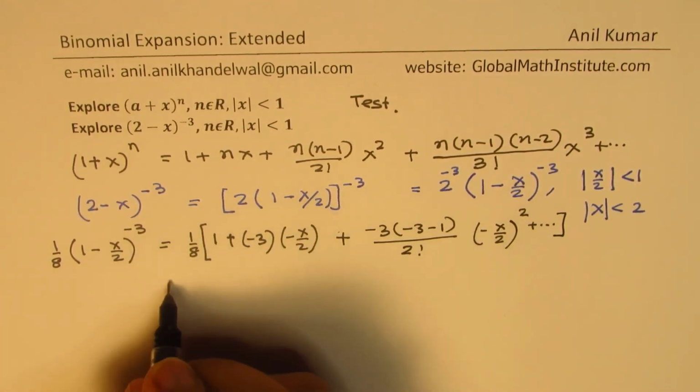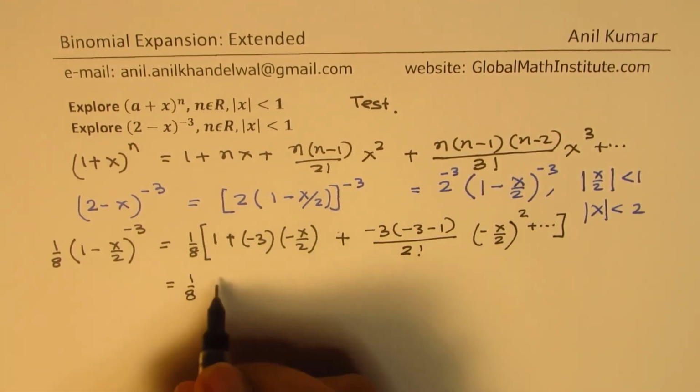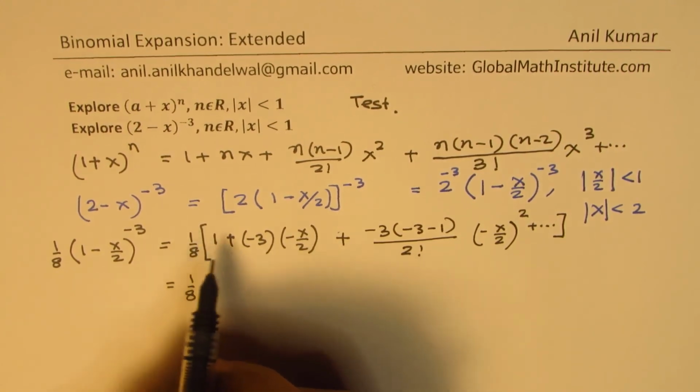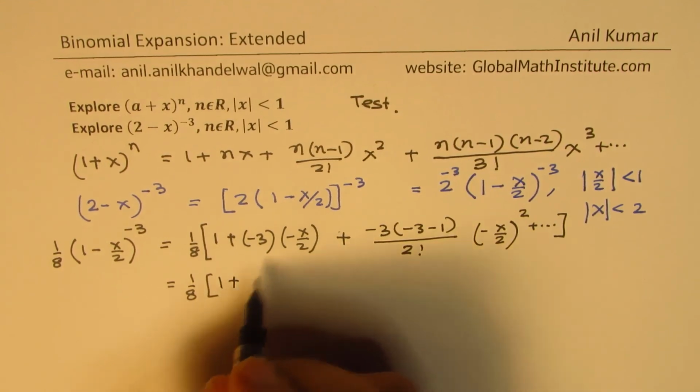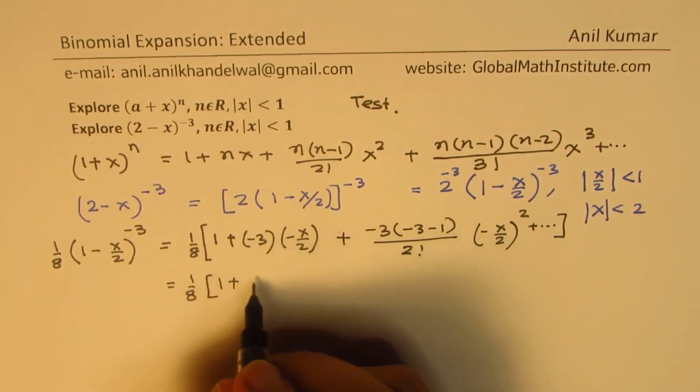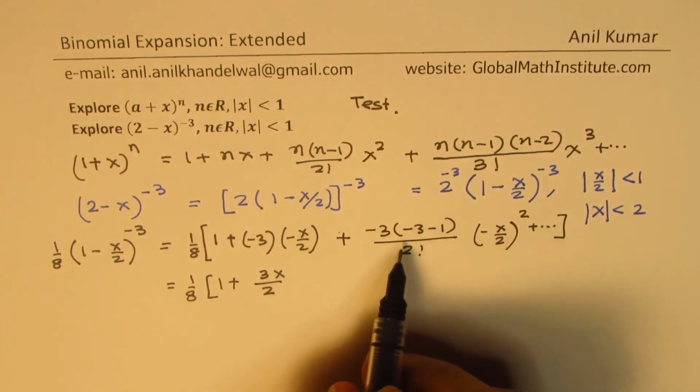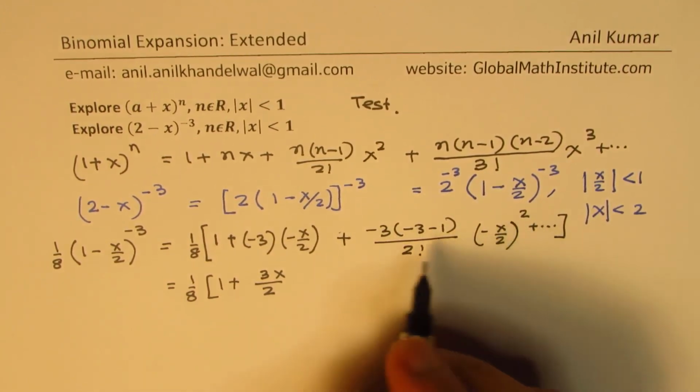Bracket close. It's definitely an infinite series, which is converging when |x| < 2. So we get 1 plus, that becomes positive, 3x/2. Now this is minus minus, and that is also positive.